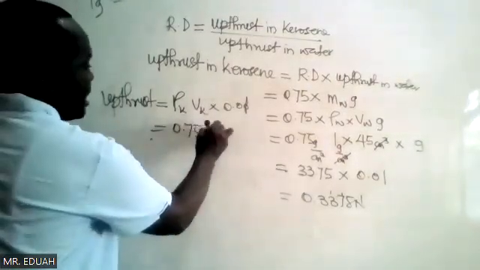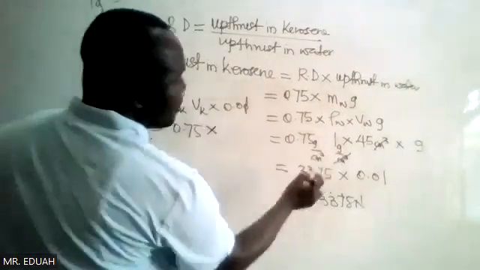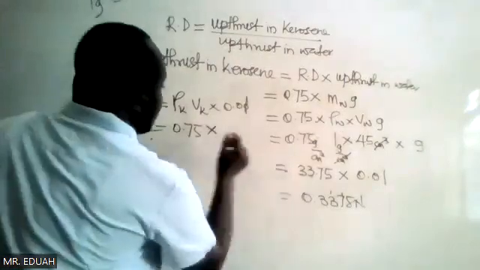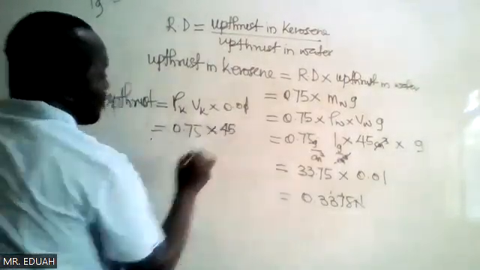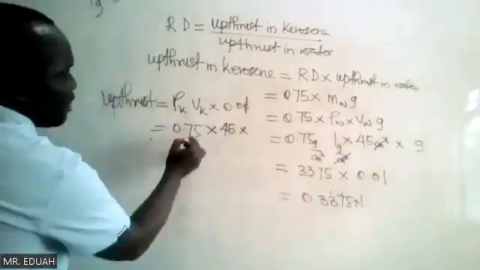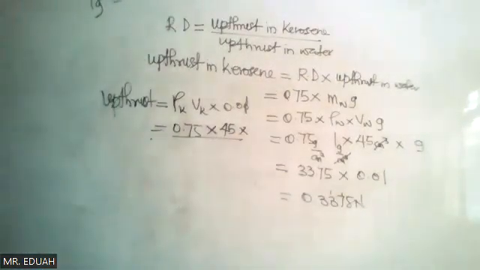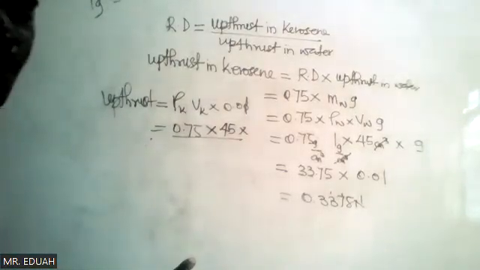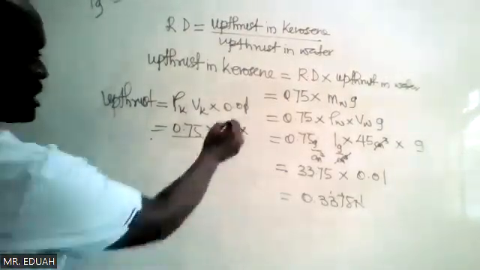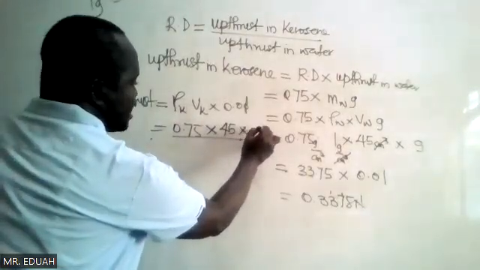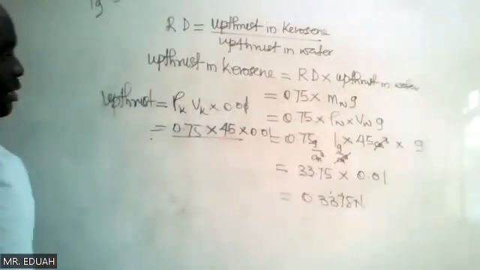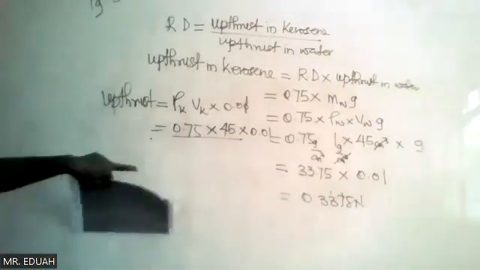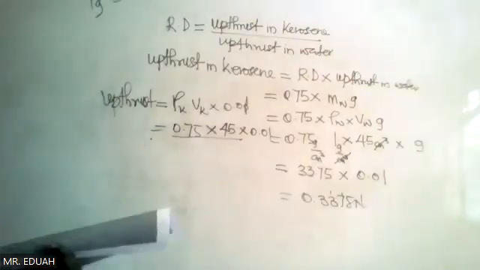The volume of kerosene is the same as the volume of the object, 45, times gravity. When you multiply this, you have it in grams. Since 1 gram weighs 0.01 Newton, simply multiply this by 0.01 Newton, and you get the same thing as the upthrust in kerosene.